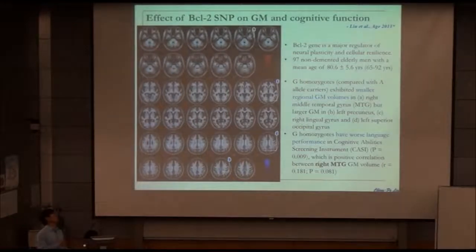You can see, and here's another example studied in our group, where we can see the genetic effect on gray matter and also on cognitive performance. Then we know that different genetic variations actually link to brain structures and to cognitive functions. So here's another example, and this also uses the techniques I just introduced to you, anatomy measurement and volume calculation.